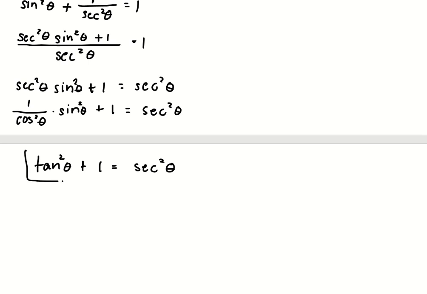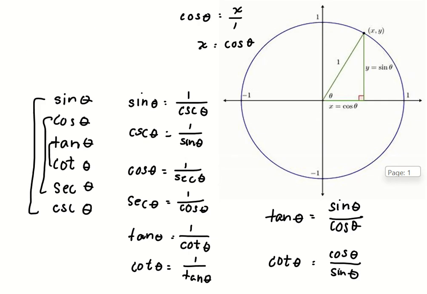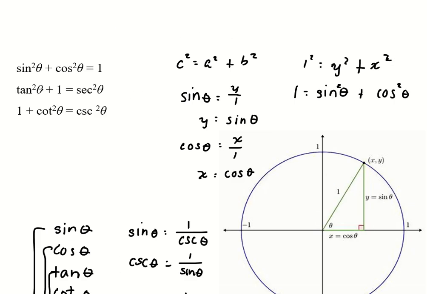And this is the other version of the Pythagorean identity: tangent squared theta plus 1 equals secant squared theta. Now we're down to only one left: 1 plus cotangent squared theta equals cosecant squared theta.